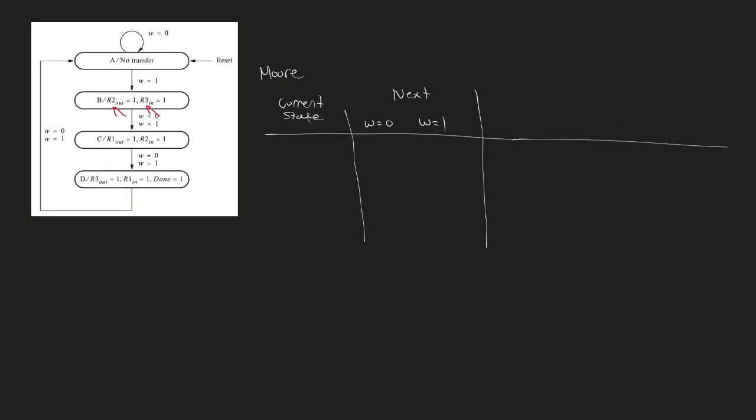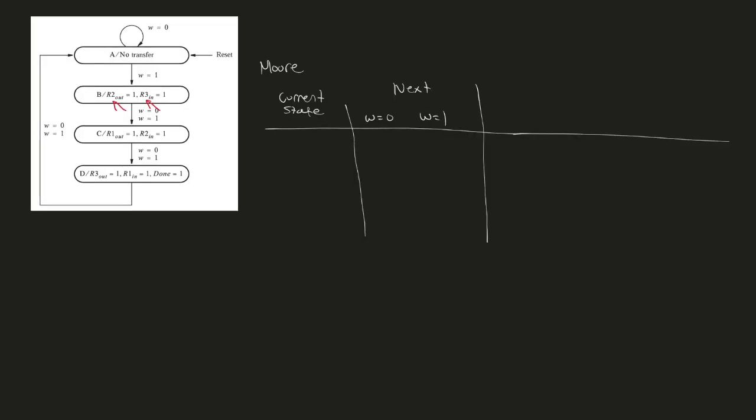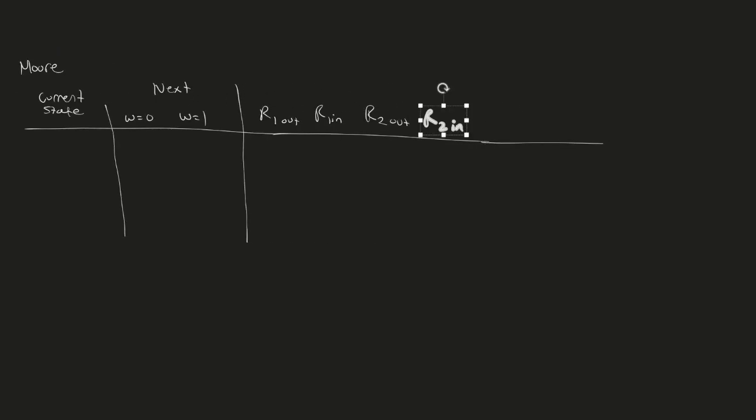So it's going to be something like this. Let's start from R1 out, then R1 in, then R2 out, then R2 in, then R3 out, and then R3 in, and then there was an output called done.